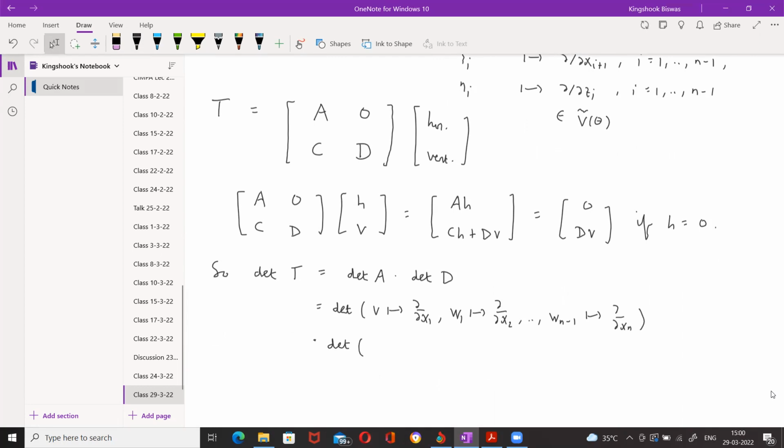So what will the other block be? It will be these verticals eta i mapping to these verticals del zi. So this will be 0, Wi mapping to del zi, i goes from 1 to n minus 1.